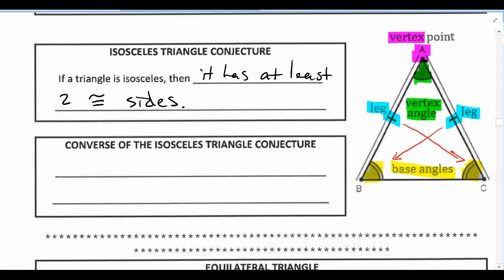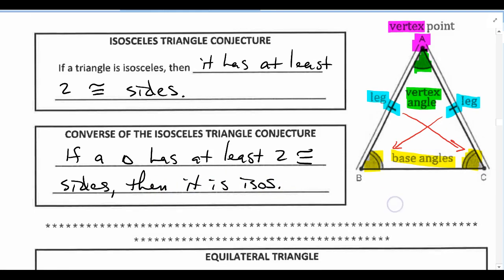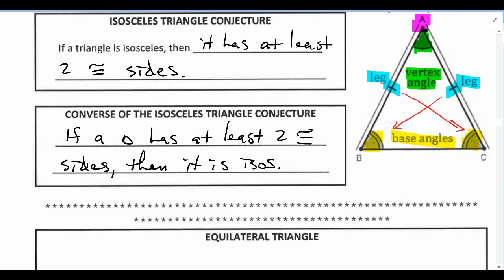So now the converse would say, if a triangle has at least two congruent sides, then it is isosceles. All right, so that's what we've got for an isosceles triangle, and we'll look at some examples in the next video on how to use the properties.